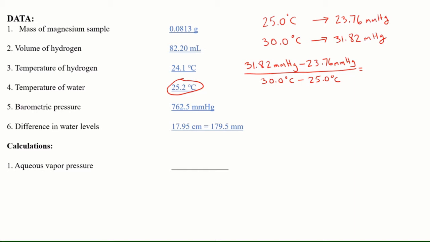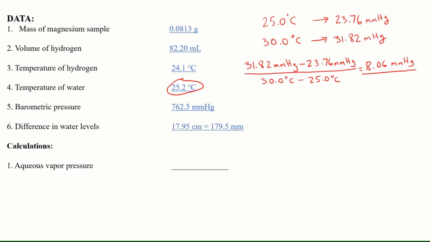Now get your calculator and let's calculate this. So this is 31.82 minus 23.76. The numerator is 8.06 millimeters of mercury.